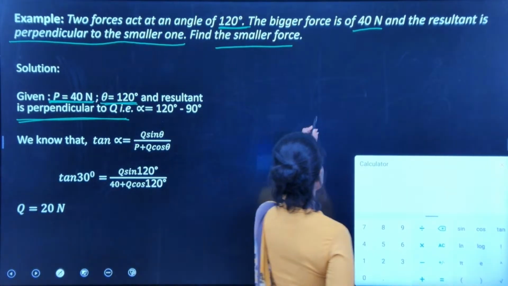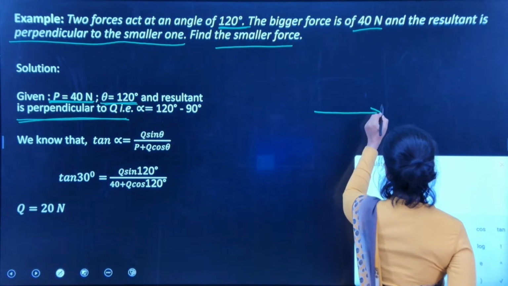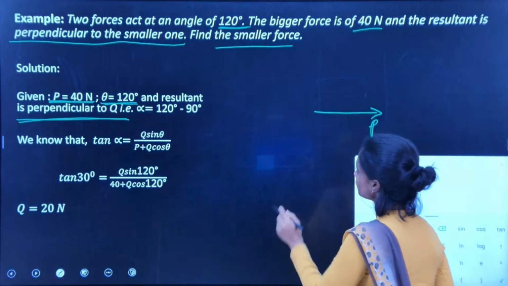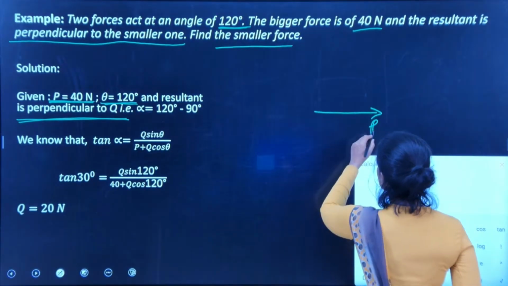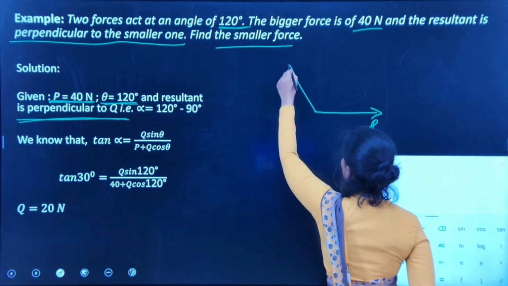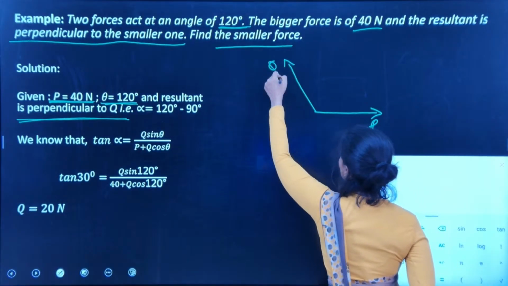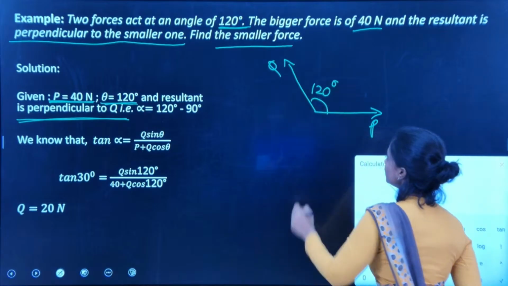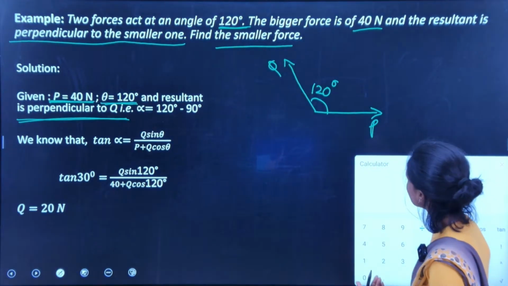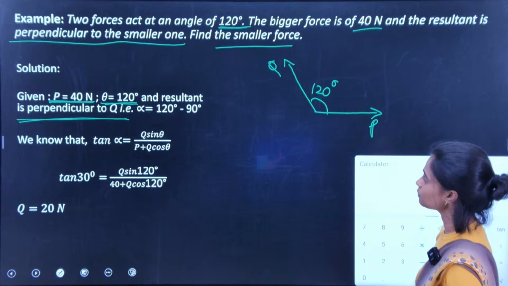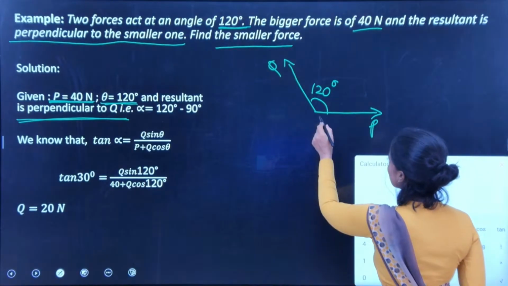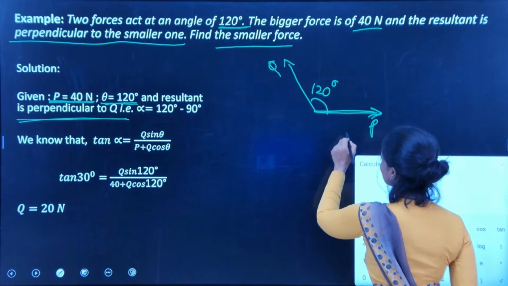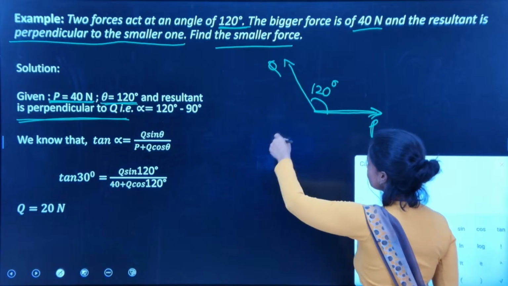So this is P here. If this is Q, then the angle between them is 120 degrees. And what else is given? The resultant is perpendicular to the smaller one. We have taken P as the bigger force and Q as the smaller force.